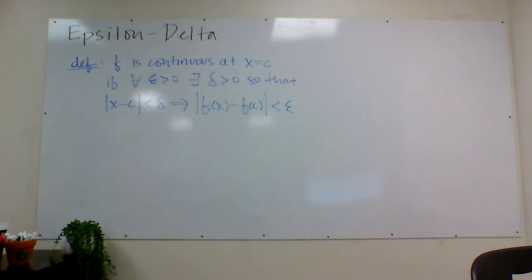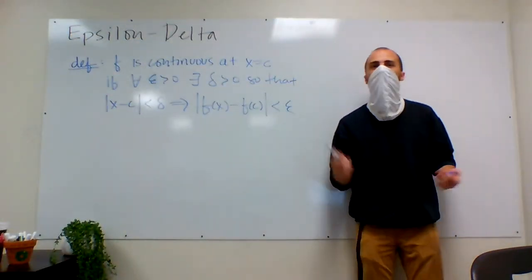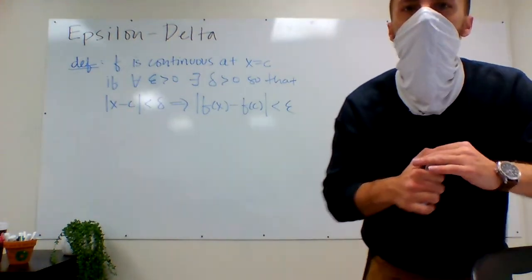And then we can say that f is continuous on an interval or on its entire domain if it meets this condition for every x in that interval or on that domain. And that's all I've got to say about epsilon delta.